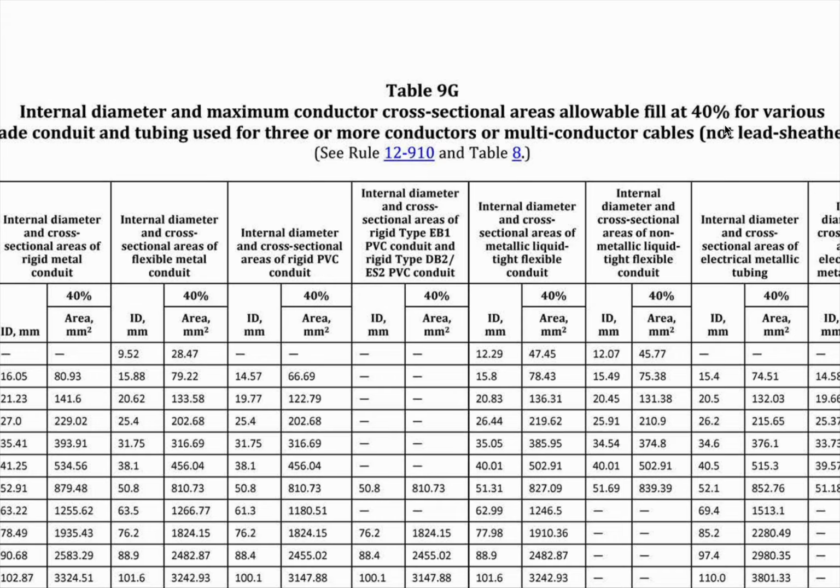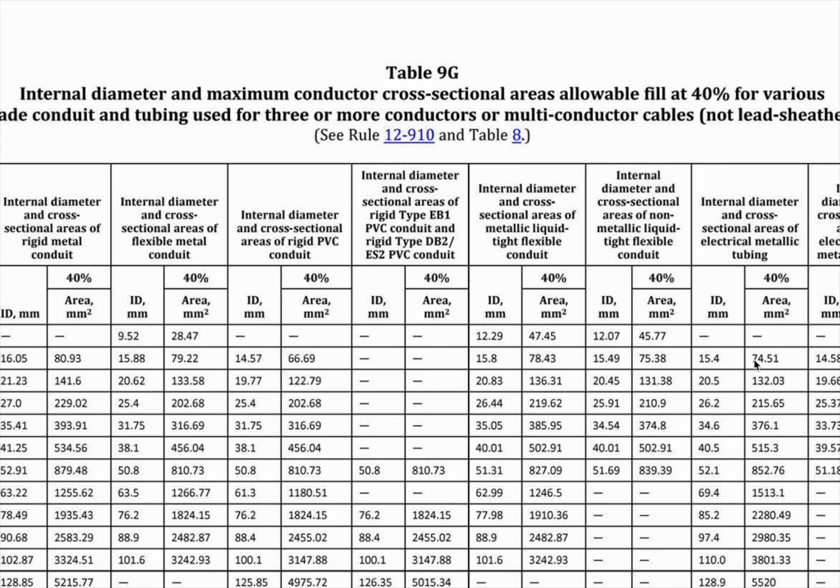It is about 40%, and you will also use this column, which is about the EMT conduits. The rows are about the trade size of the conduits. For example, for an EMT conduit of trade size 16, you have 74 mm2 of area that you can use.